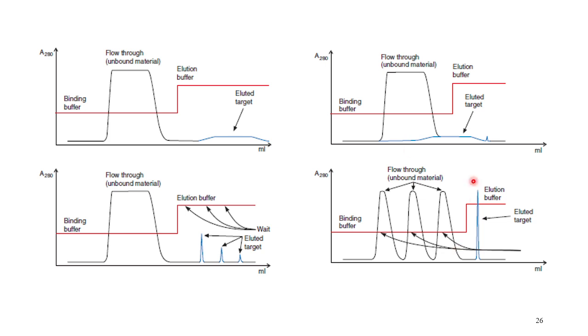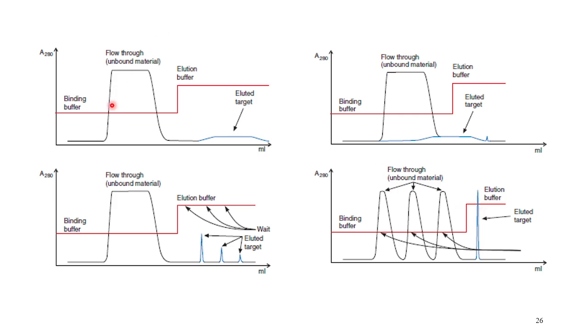But if you observe the last one, you are loading in different intervals. You are loading and washing, loading and washing, loading and washing, and then you're eluting. What it does is help the protein to bind properly, not all at a time but in different intervals, so your protein is not lost.